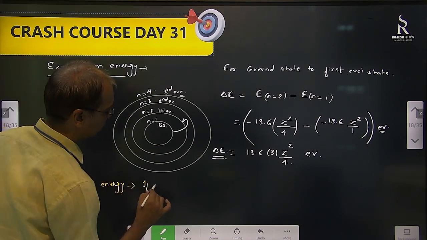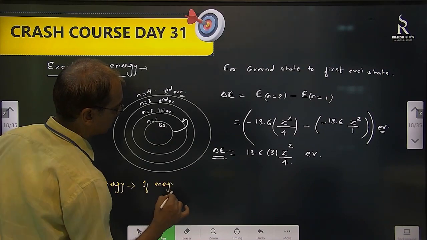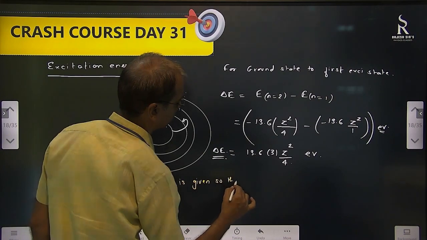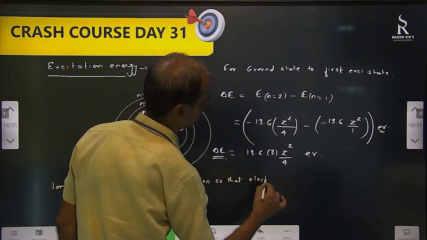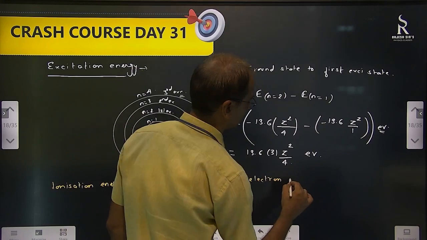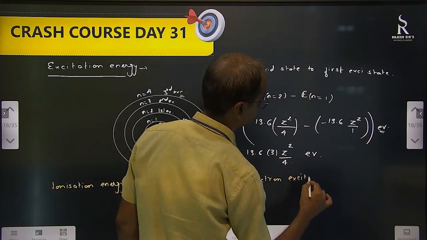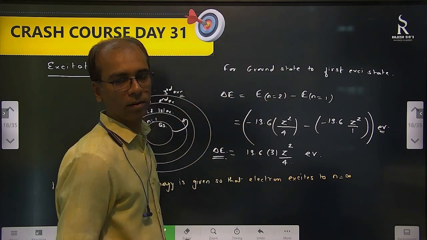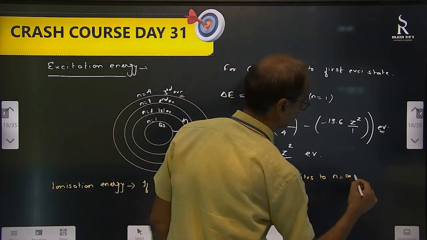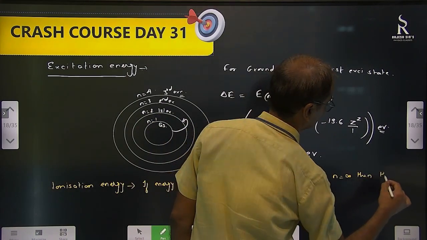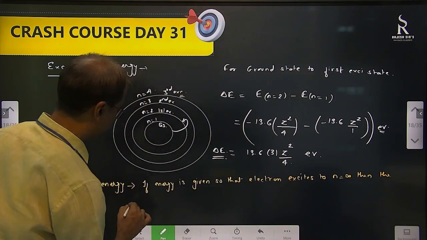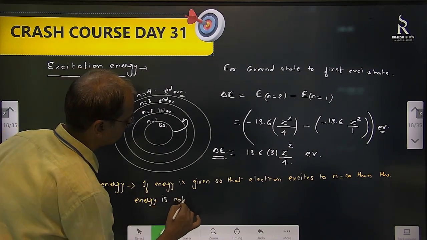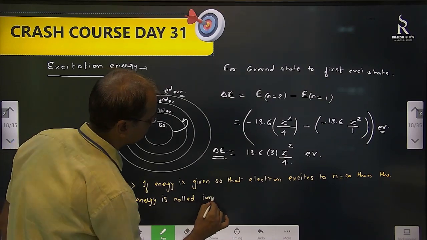If energy is given so that the electron excites to n equal to infinity, then the energy is called ionization energy.